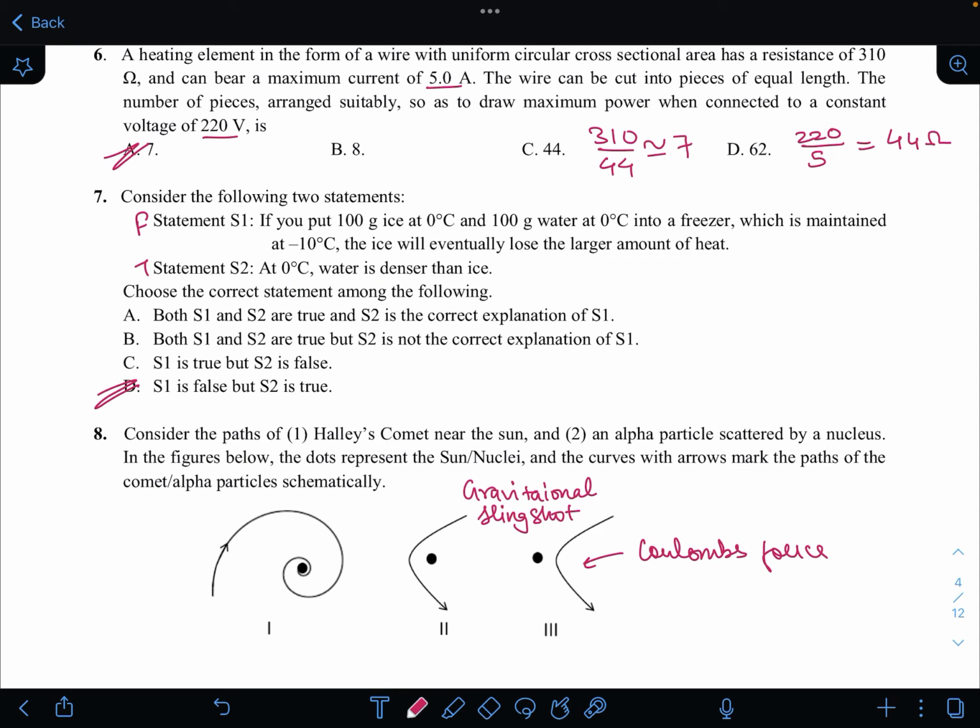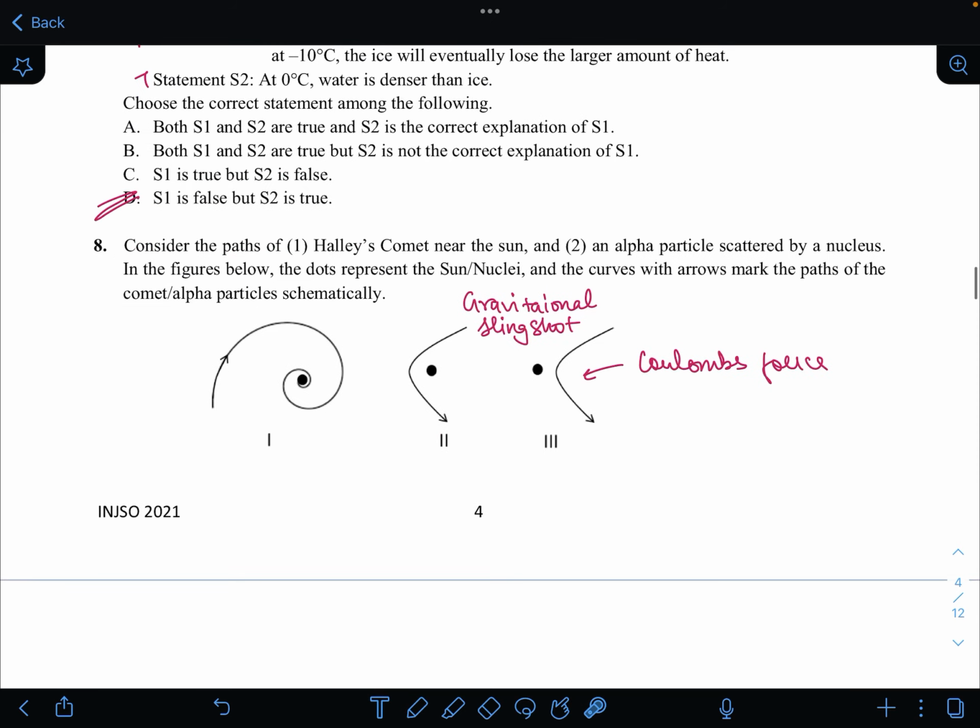So we know that the density of water starts decreasing after 4 degrees C, and this is a special behavior in water, whereas other solids generally see their density keep on increasing as they are cooled, or as the temperature is lowered. So the first statement is false, second is true. This means that the option is option number D, where S2 is true and S1 is false.